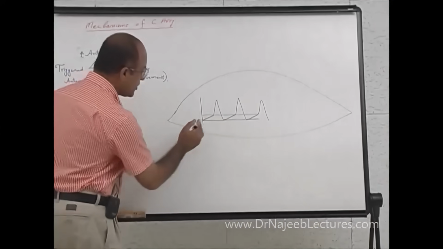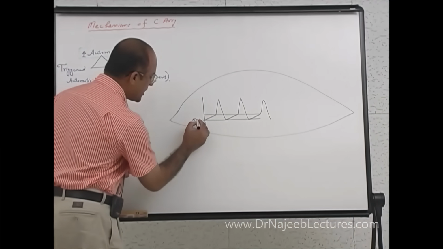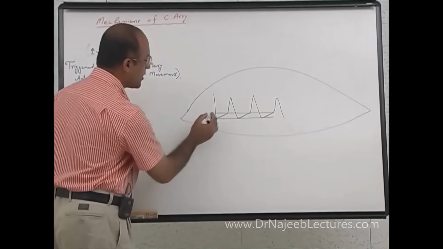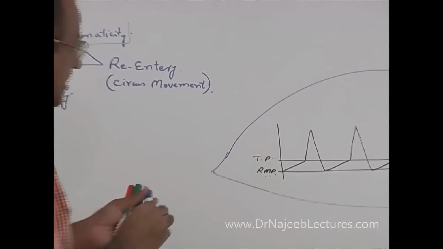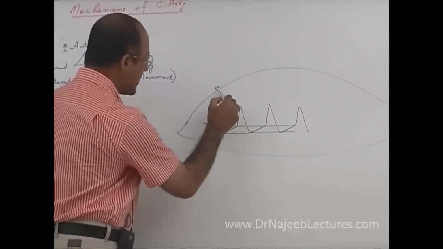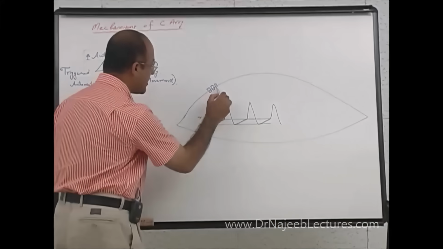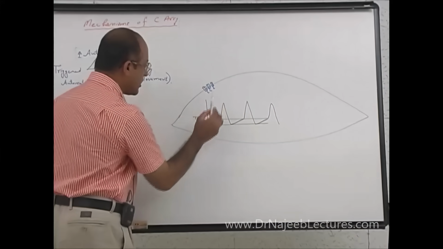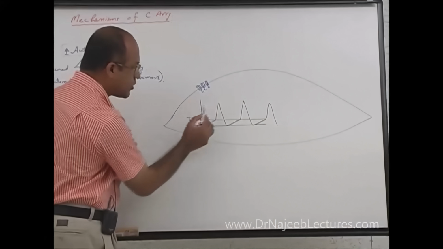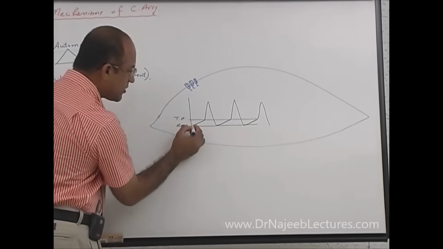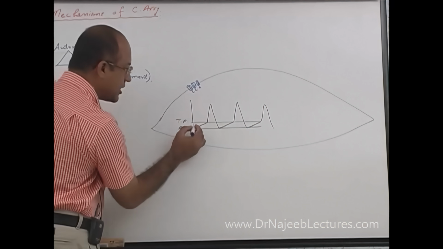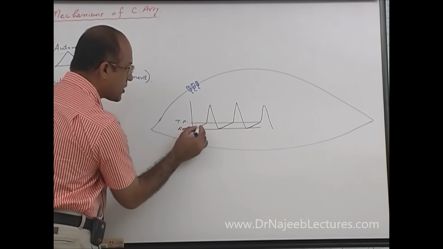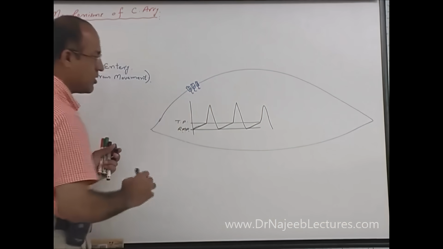You know, this is the resting membrane potential of the SA node. This is the threshold potential. In the SA node, the cells have leaky sodium channels. So when sodium trickles into SA nodal cells, the resting membrane potential cannot really rest because the incoming sodium will take the resting membrane potential towards the threshold.